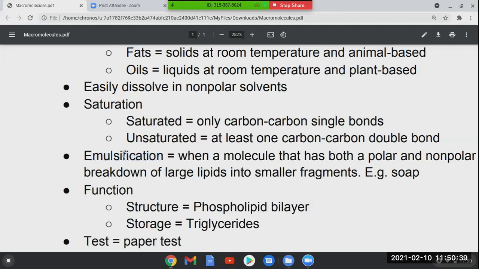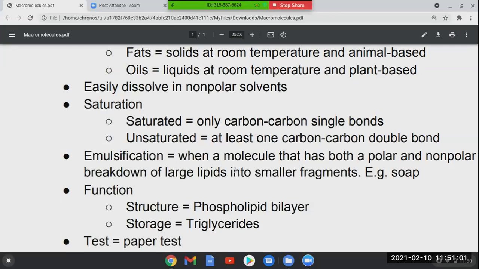Another topic that comes associated with lipids is emulsification. It is easier to think of it as washing something with soap, but that's what it actually is. So in emulsification, there should be an emulsifier.